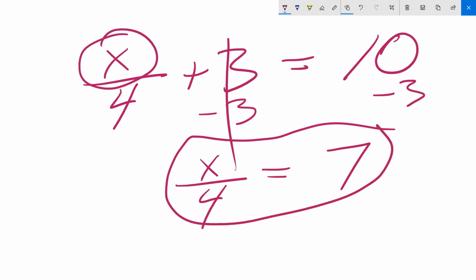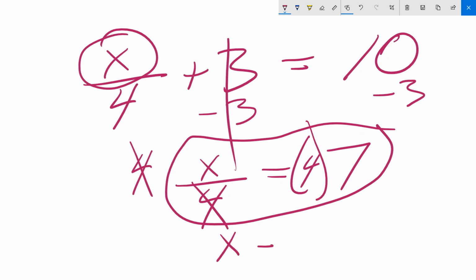Always trying to isolate x. So now you can get rid of the 4 by... How do I do that? Multiplying. Yeah, so I multiply both sides of the equation by 4. That becomes 1. And I get x equal 28. Okay?